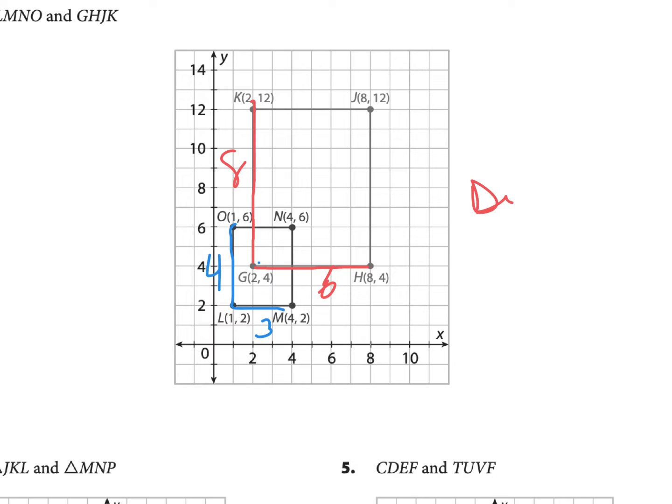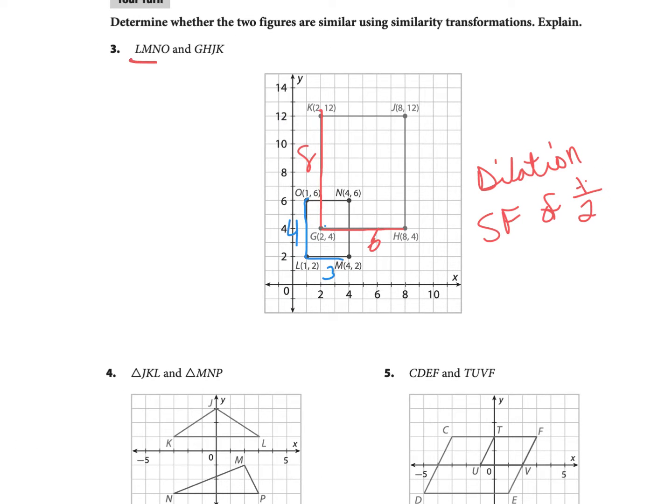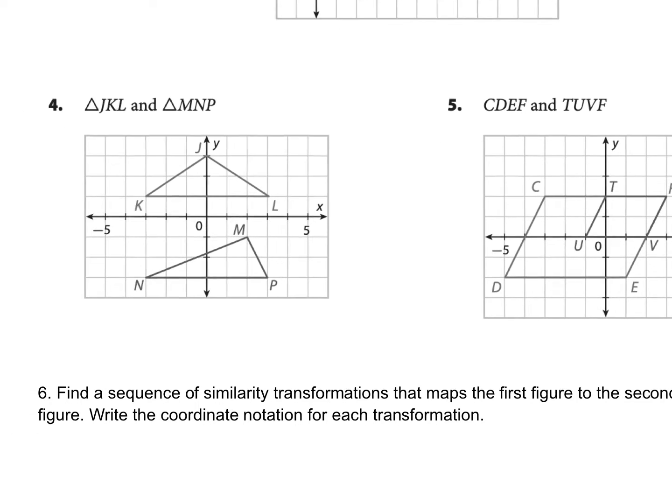So dilation, they are similar because of a dilation with a scale factor of... I think that gets smaller, so 1/2. Oh, wait, right here it says, yeah, L. Well, it doesn't really tell you which one comes first. But if we're going with this one came first, then it would be a scale factor of 2. Okay, I can already tell these two aren't similar.